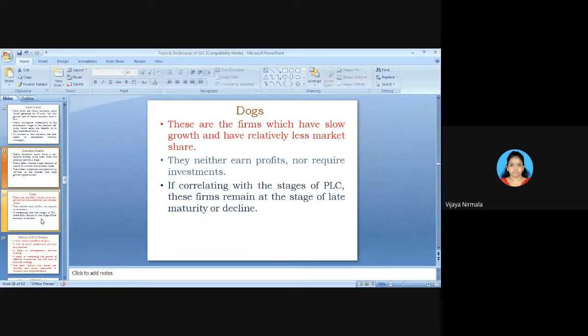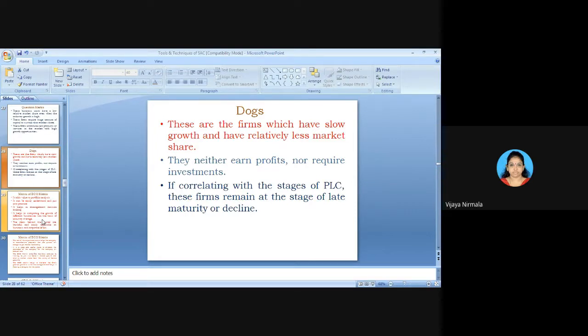These are the firms which have a slow growth rate as well as relatively less market share. Both are slow, both are low for them. So here they neither earn profits nor do they require investment.